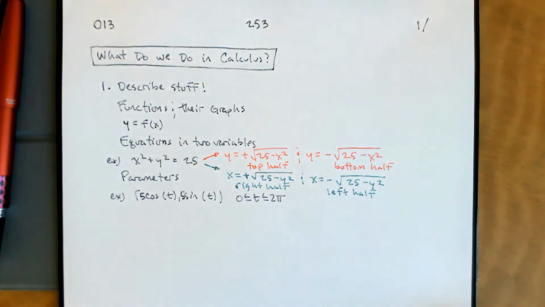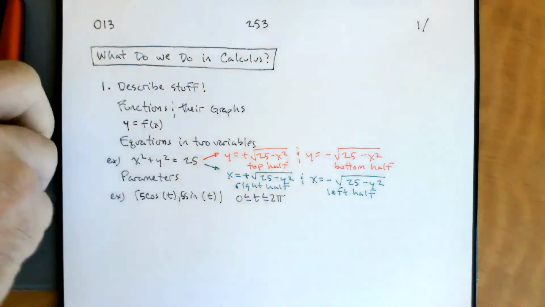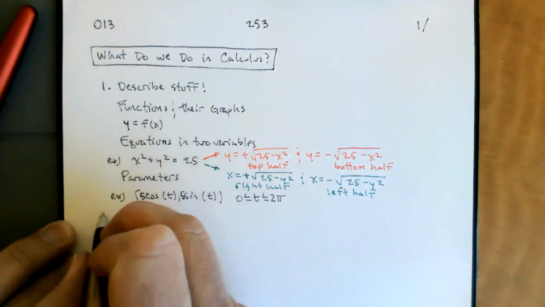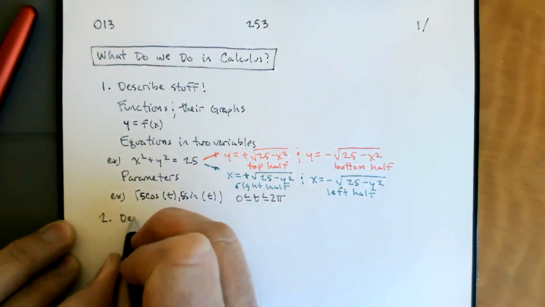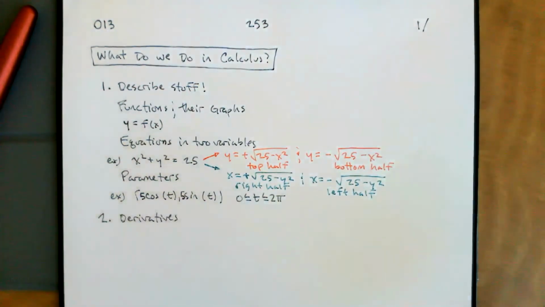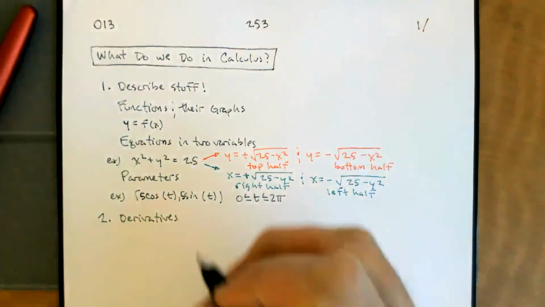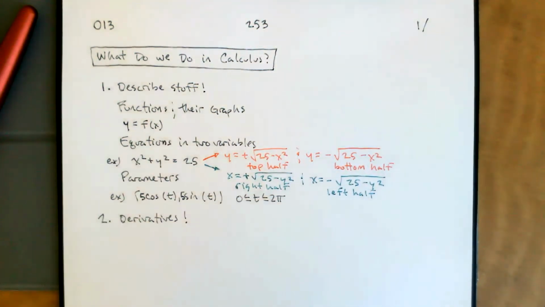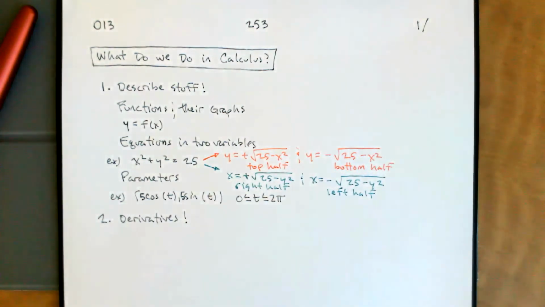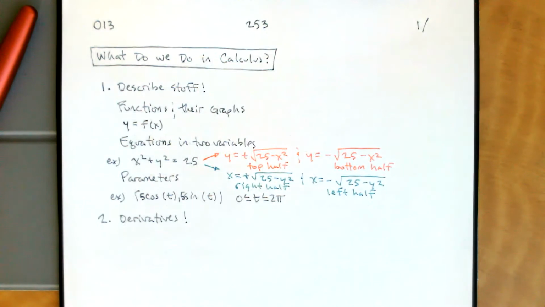Number two thing that we do: derivative stuff. Graphically, we think of this as the slope of the tangent line. We can also think of this as the instantaneous rate of change.